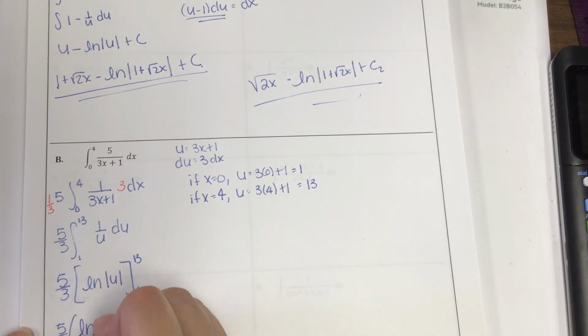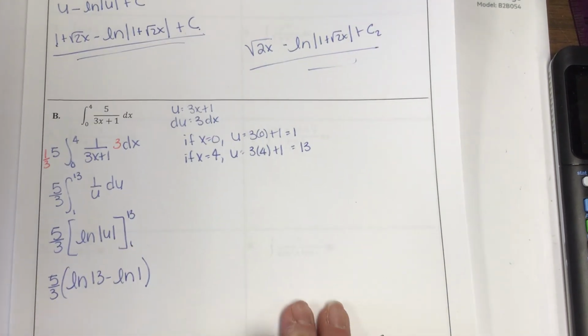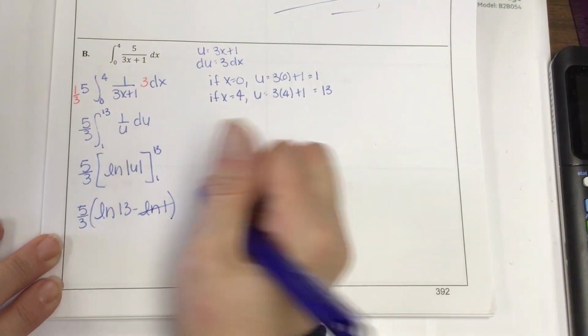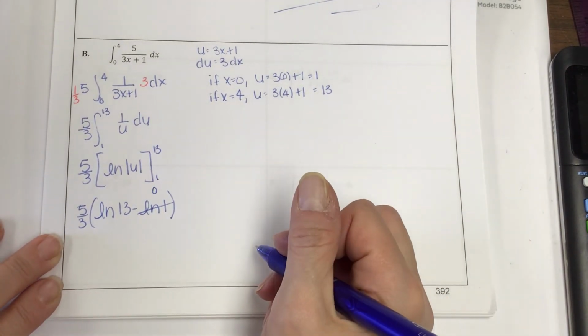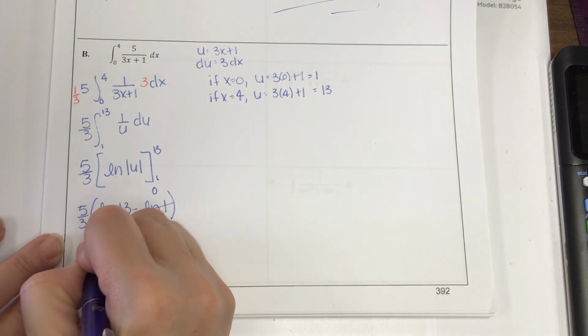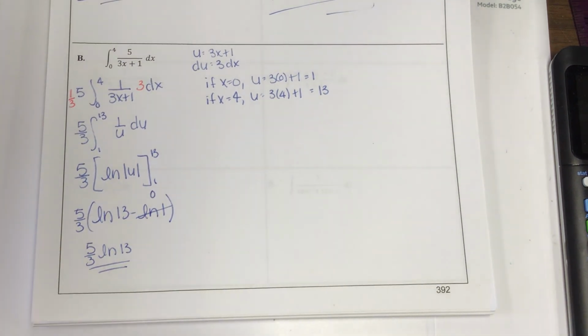So natural log of 13 minus natural log of 1. I don't need the absolute value because both of those are positive, right? And we know the natural log of 1 is 0, isn't it? So I really just get 5/3 natural log of 13. Does that make sense?